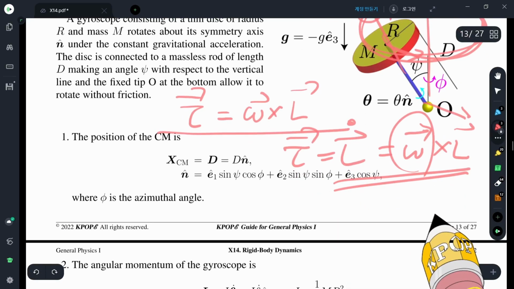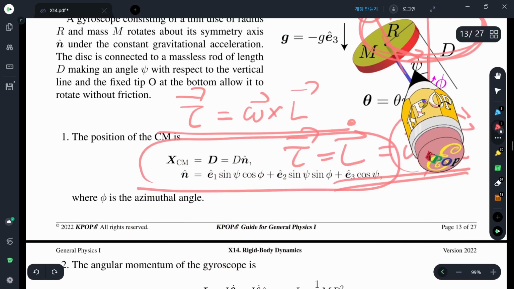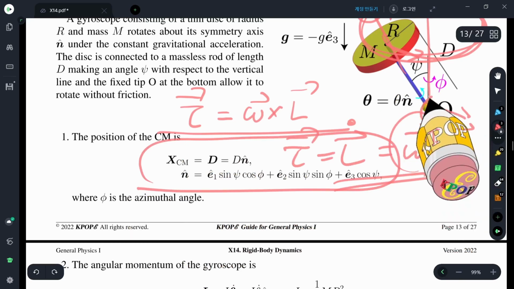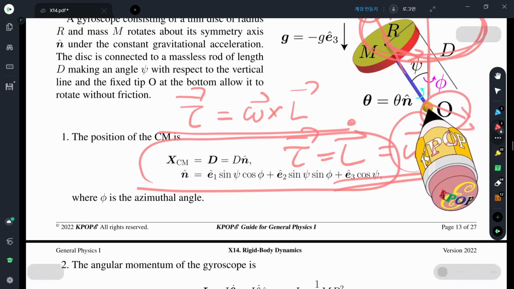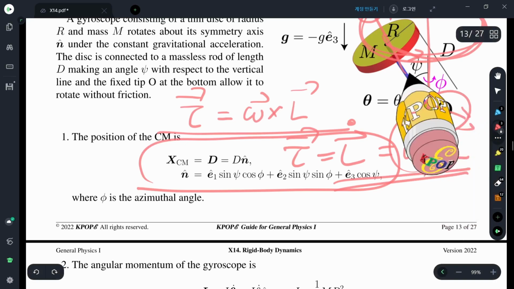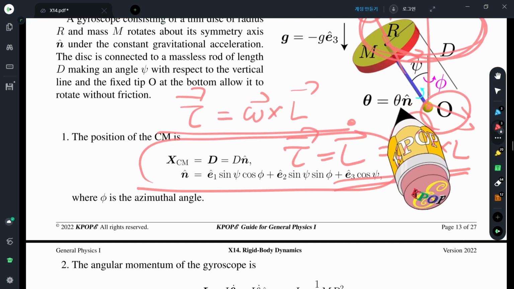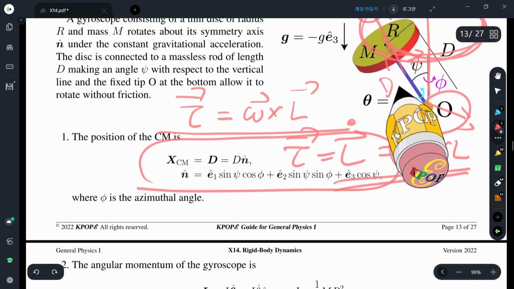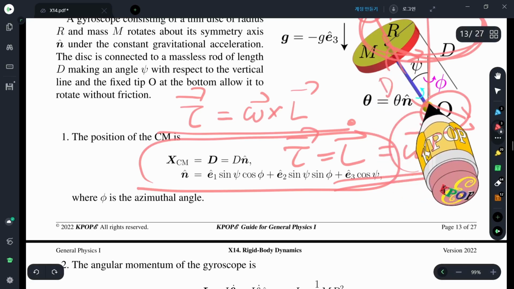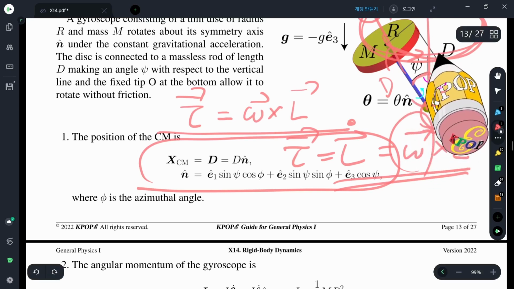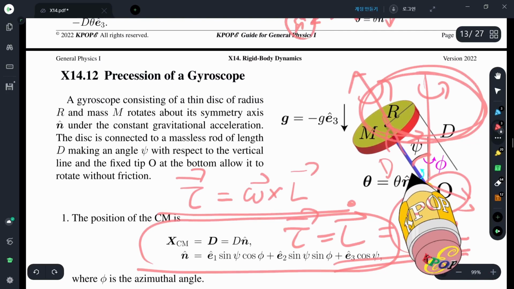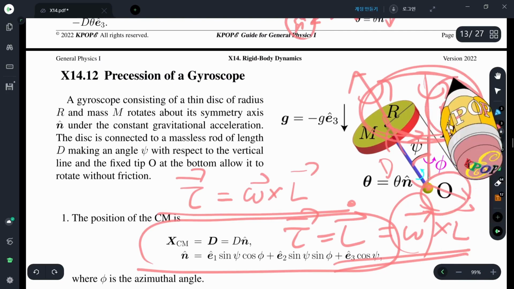Let us first write down the center of mass position. We select the origin of the system at the bottom, and we have a massless rod with distance d. And there is an angle, polar angle psi, relative to E3 hat.